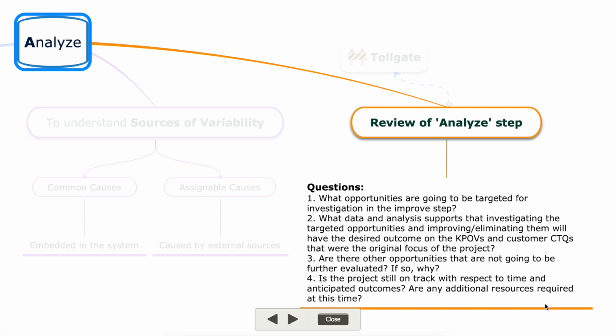Are any additional resources required at this time? On the basis of these questions, the evaluator or the project manager will assess the success of this step and will decide to let you go to the next step, which is improve, based on the analysis developed during the analyze step.